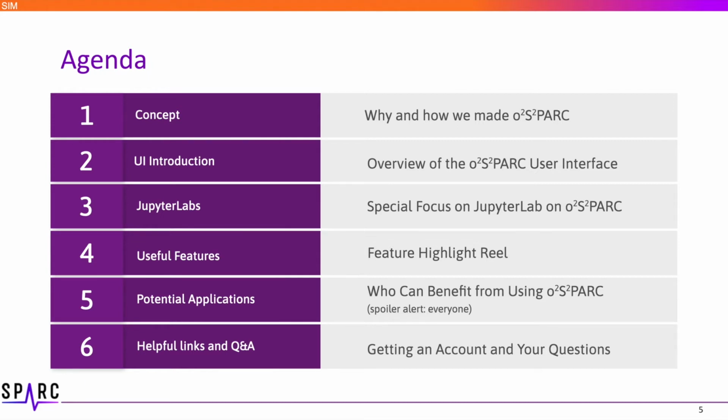Some of you might have used Jupyter Labs in the past, and we have it integrated into o²S²PARC, and we think it's useful enough to just mention it a bit. And we'll go over a few of the most useful features that we think you could take advantage of on o²S²PARC and certain applications that you could have while using the platform. And finally, we'll go through some Q&A if you have any questions, any feedback for us.